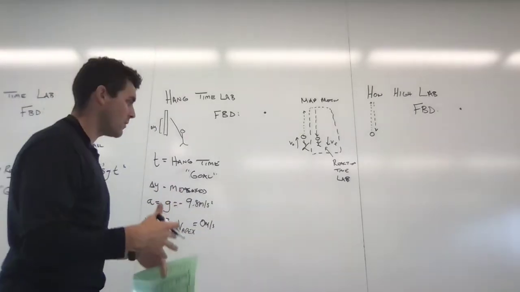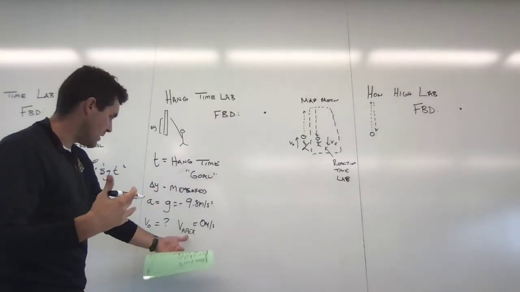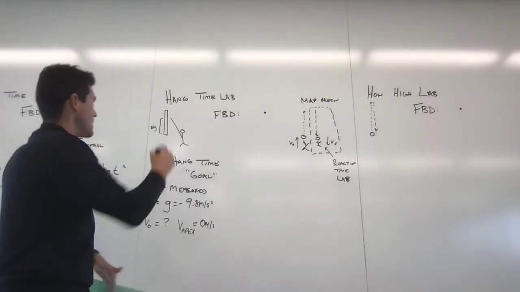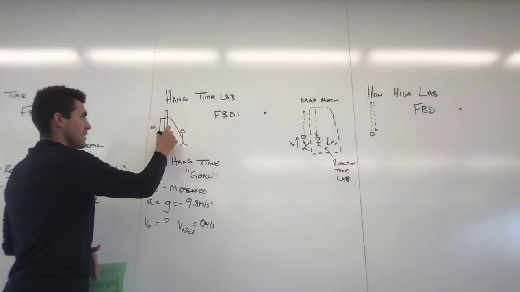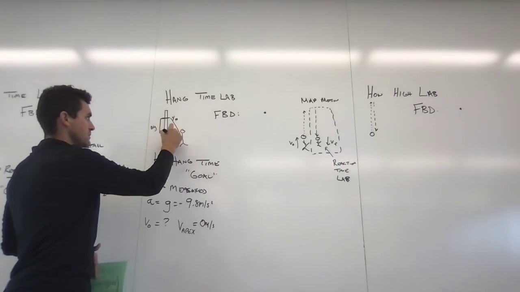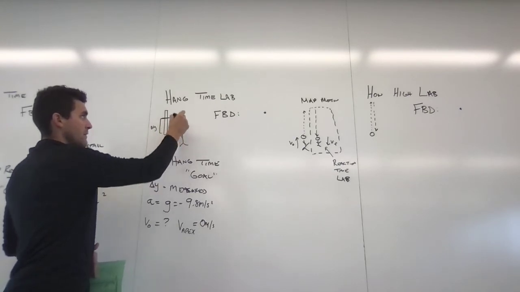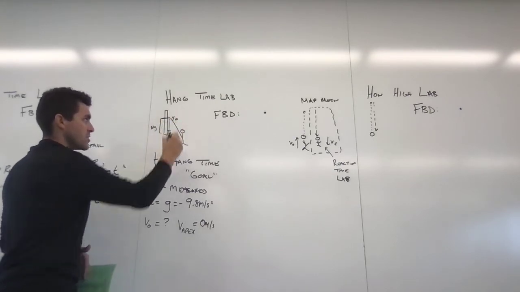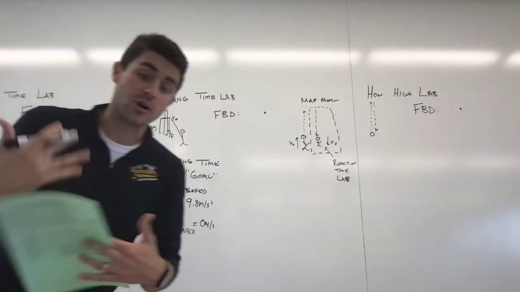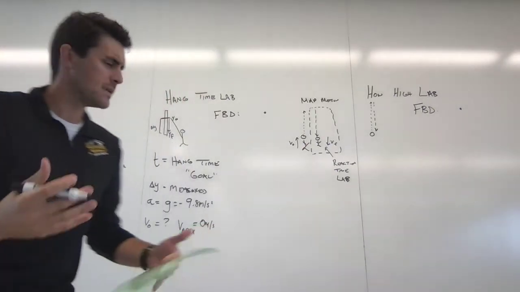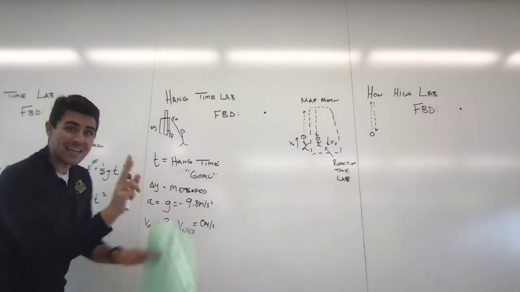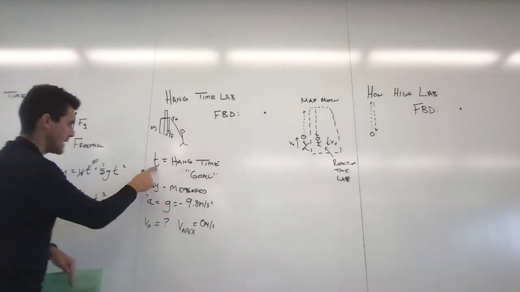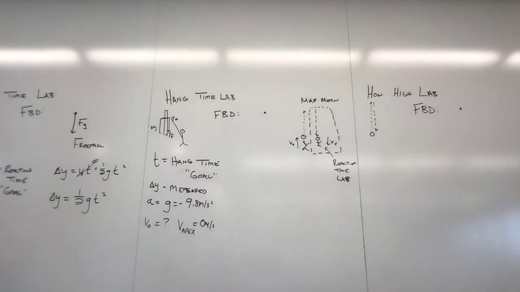Okay, well, if this is where I start, that means my initial y position is up here, and my final y position is down there. If I start here, I'm going to fall in this direction. It's a good thing we measured our change in y. If I know change in y, I know acceleration, I've got an initial velocity and time. Well, folks, this looks just like my reaction lab from before.